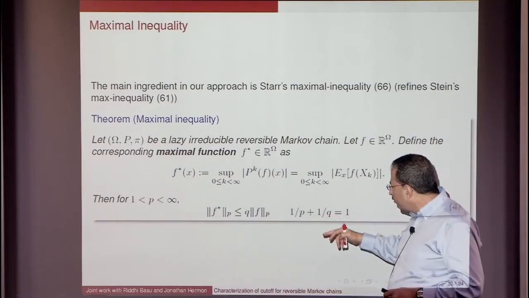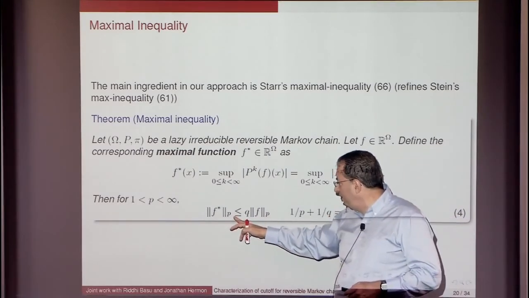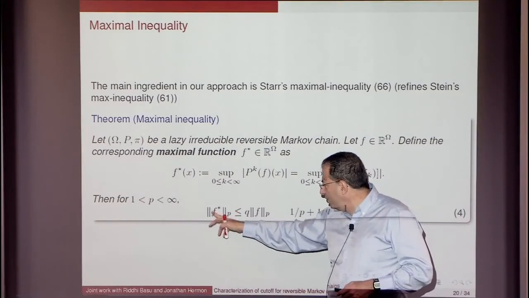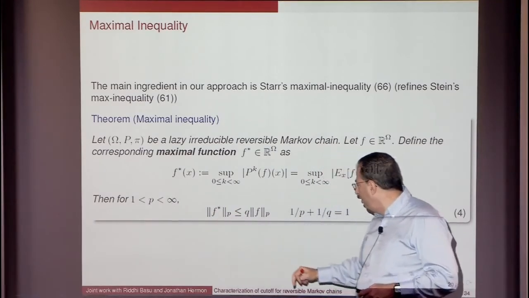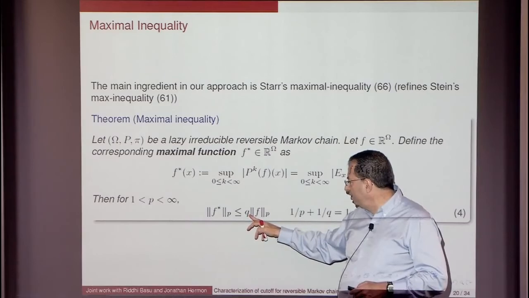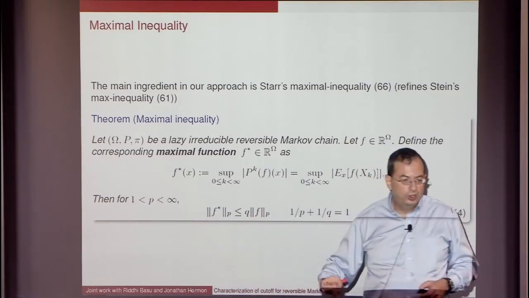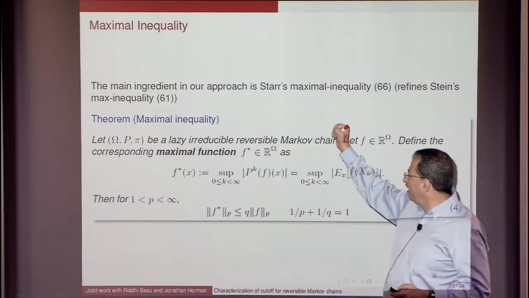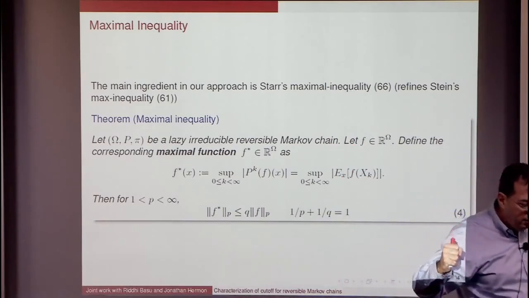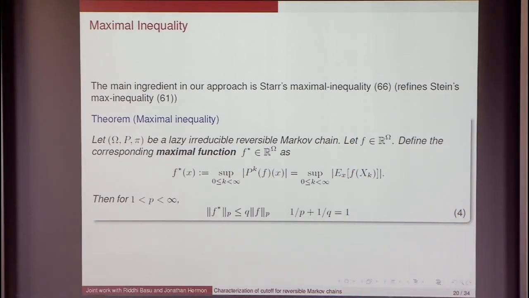So this is a much larger function, but it turns out not so much. If we take any p bigger than 1, and we take the L^p norm of this, then it's bounded by q times the L^p norm of the original function. Remember, if you take a fixed time, then the operator is a contraction in any L^p space, so the norm always goes down.